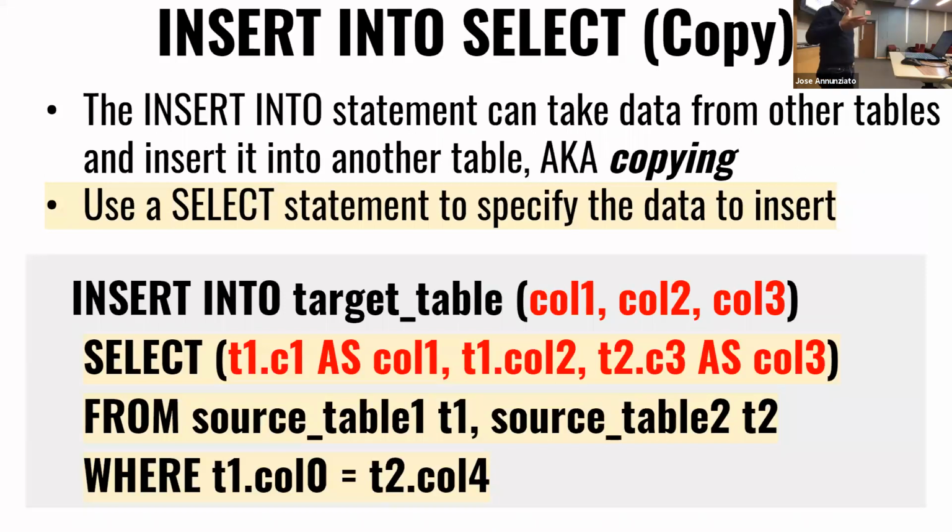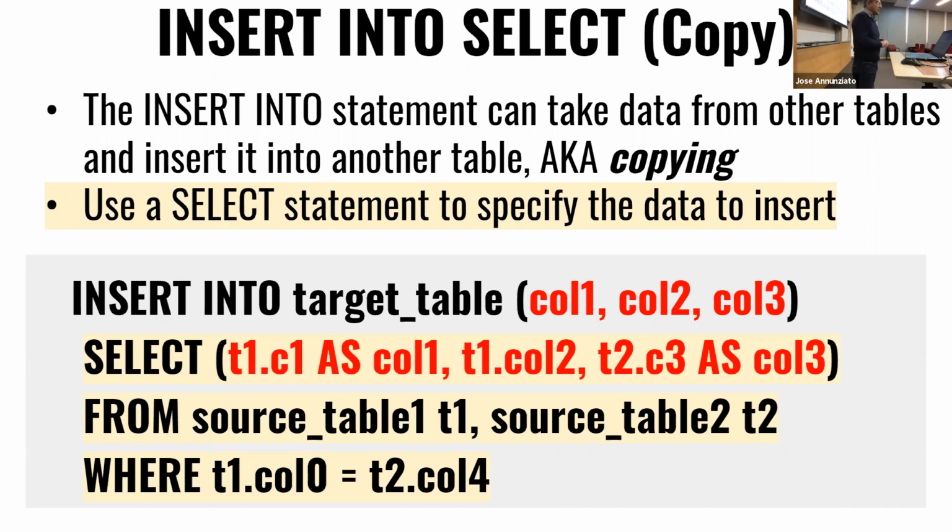You can also copy data that might be elsewhere and perhaps spread out over multiple tables. You could do a select statement that retrieves data from multiple tables, joins them based on some criteria, and identifies all the records from these other tables, puts them all together in a single result set, and then you can copy and insert it into another table.